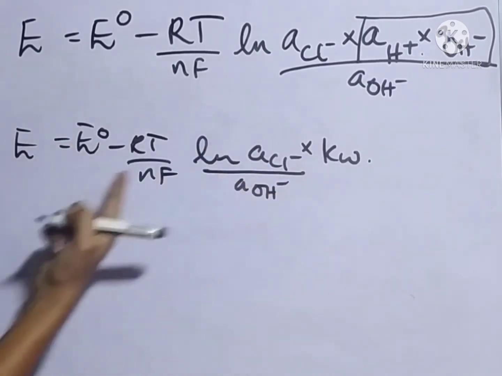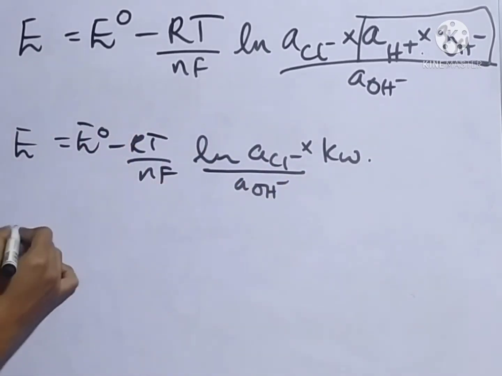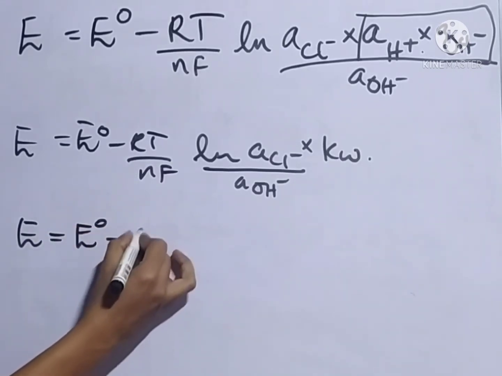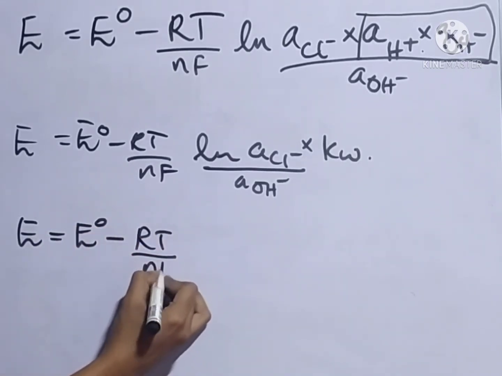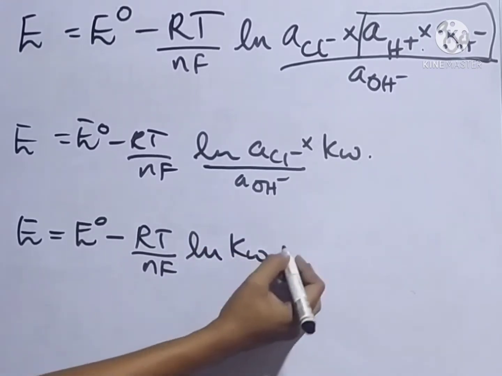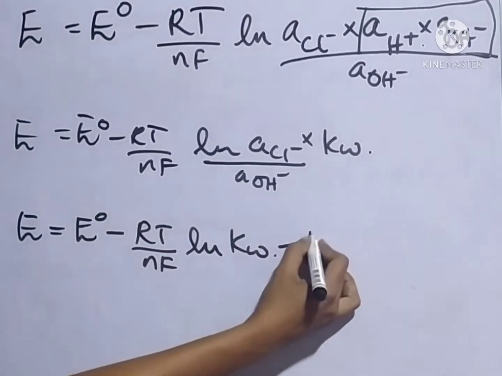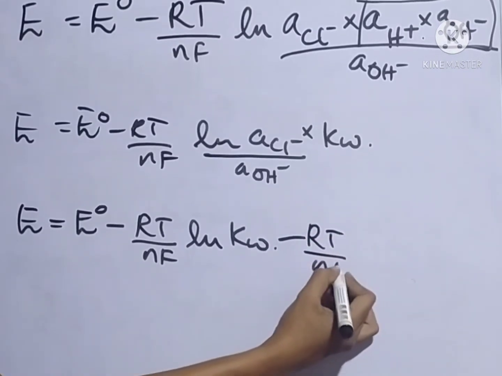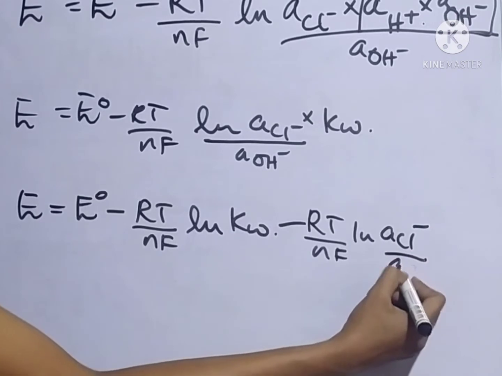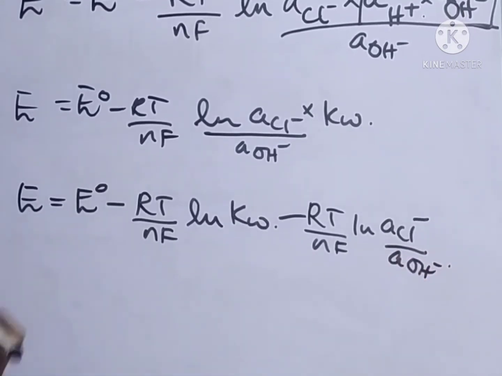I'm going to split this term into two, that is, E equal to E0 minus RT by NF ln Kw minus RT by NF ln ACl minus divided by AOH minus.